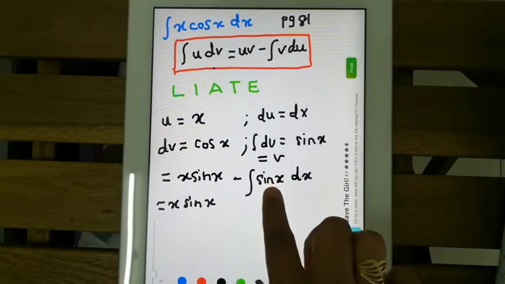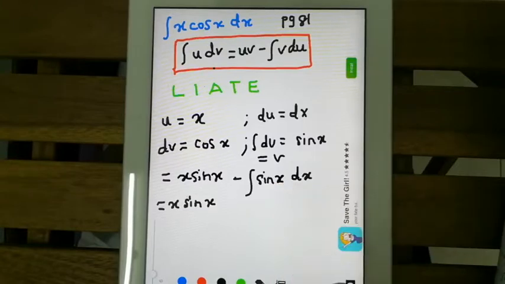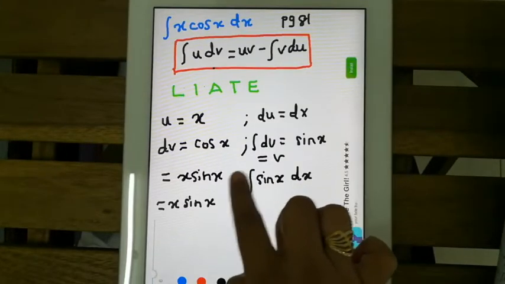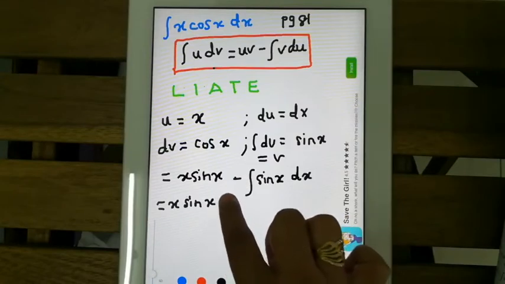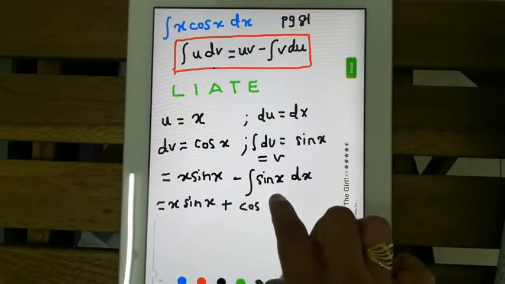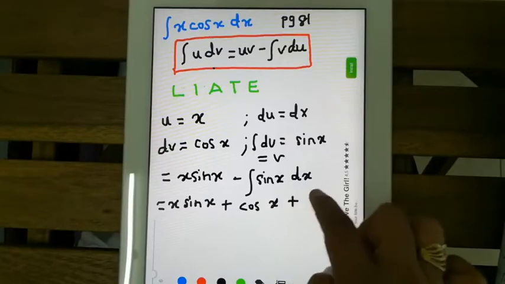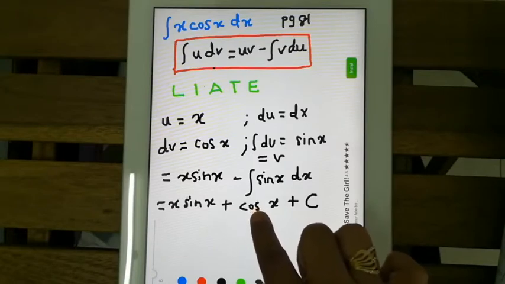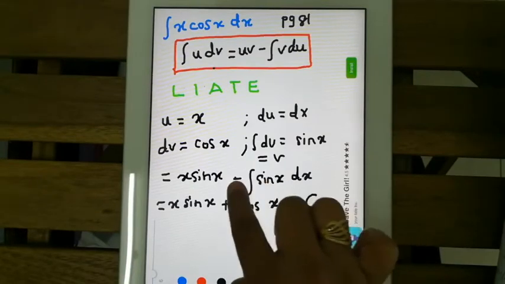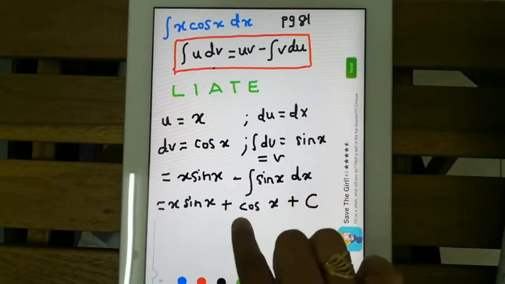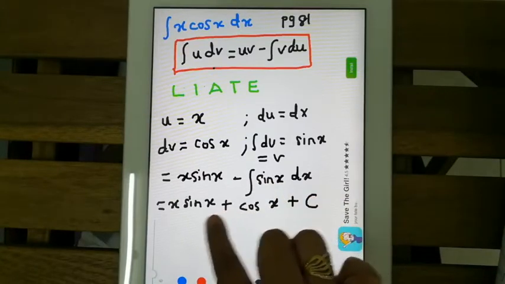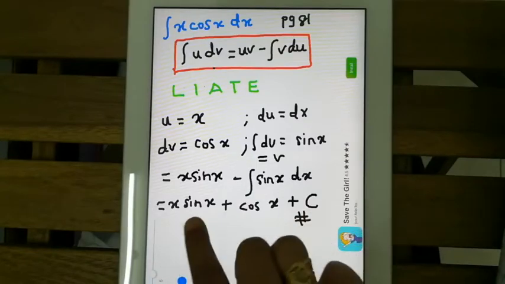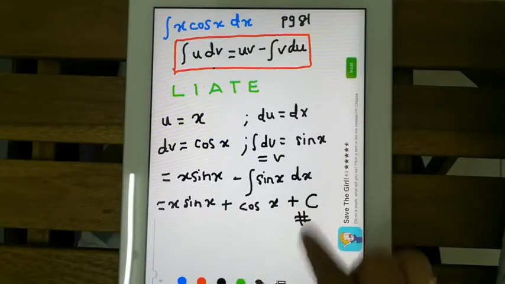If you integrate sine, you will get, what? It should be cos x, but this one here is already negative, so plus cos x plus c. If you differentiate cos, you will get a negative sign, so there is already a negative over there, so it should be plus here. So your final answer is x sine x plus cos x plus c.